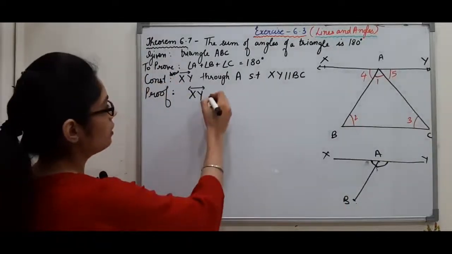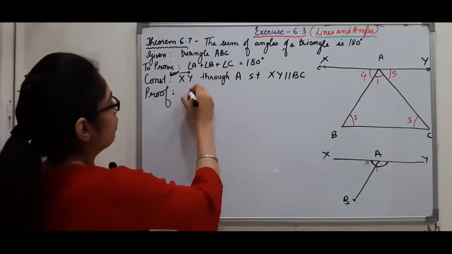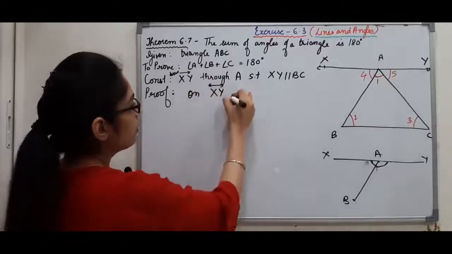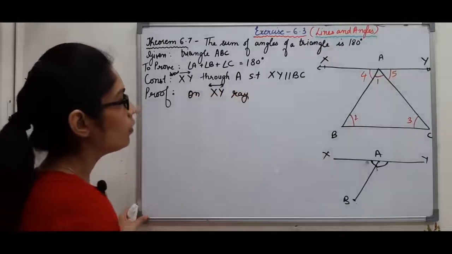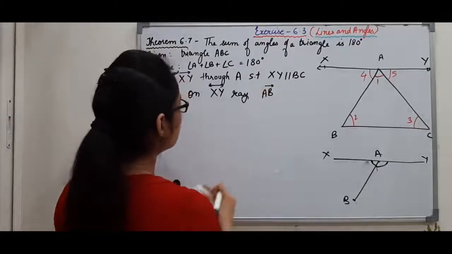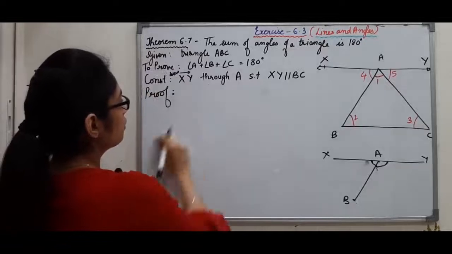So we can mention: on line XY, ray AB stands, or AB stands on line XY.